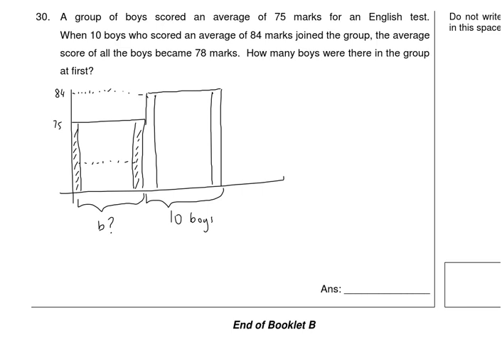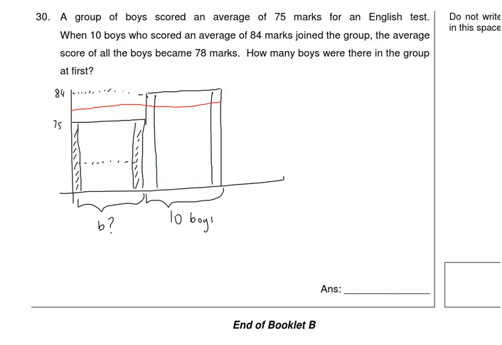What do I mean by that? That means this becomes the new average, right? New average meaning that the first group of boys, their marks increase, right? The additional 10 that come in, their marks drop, right?